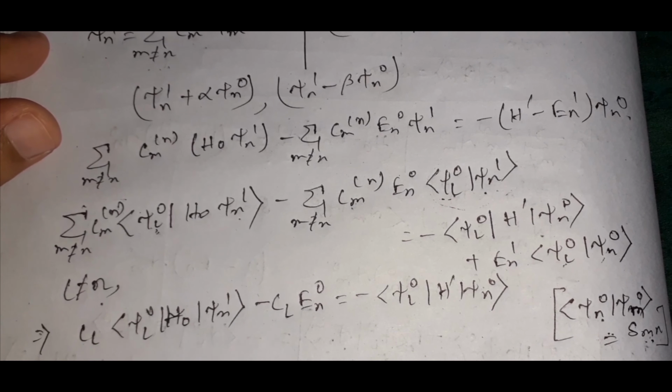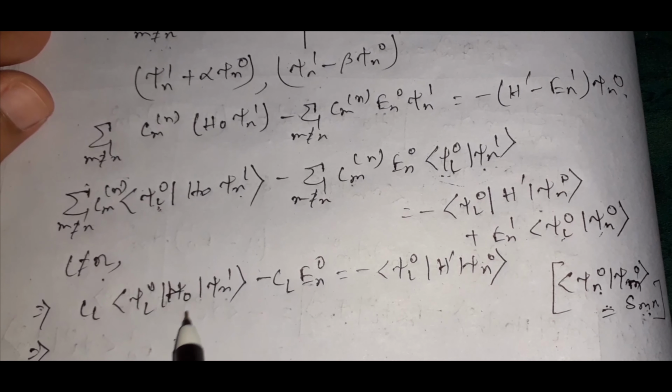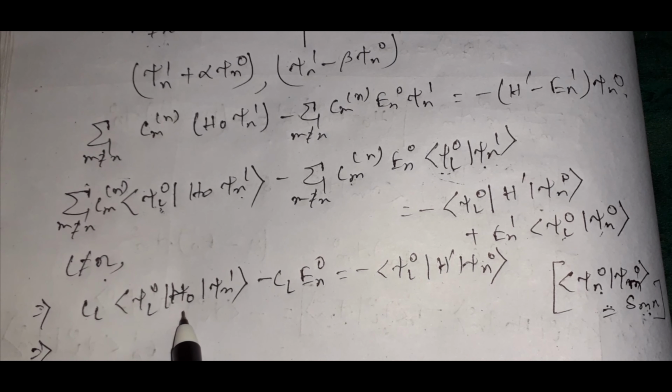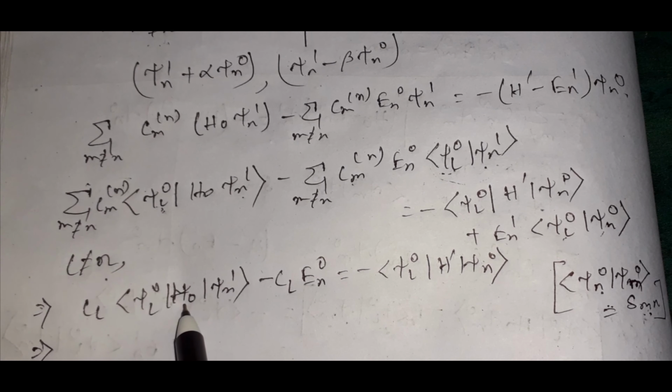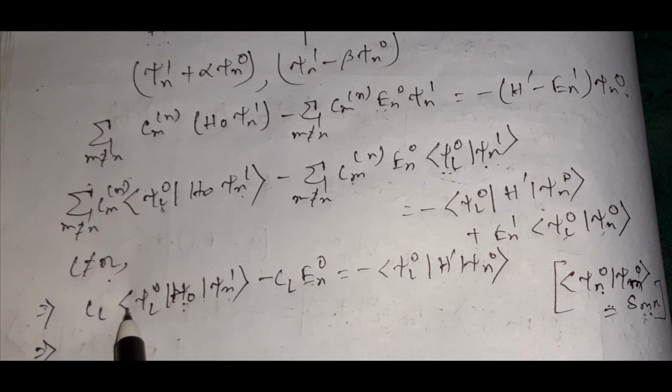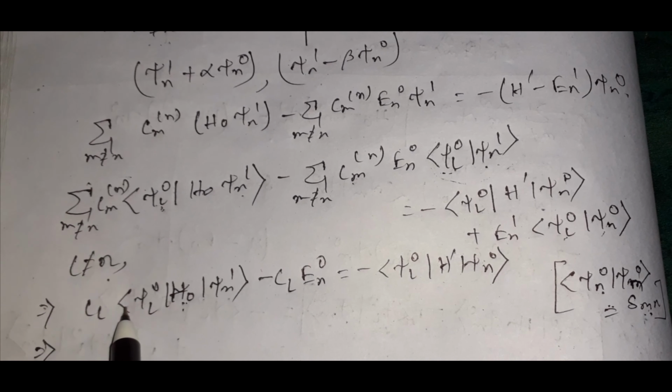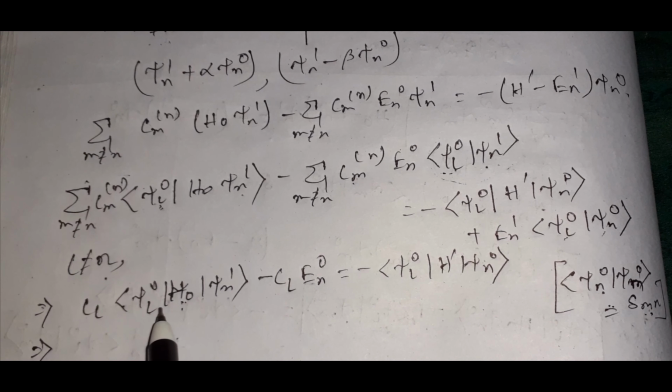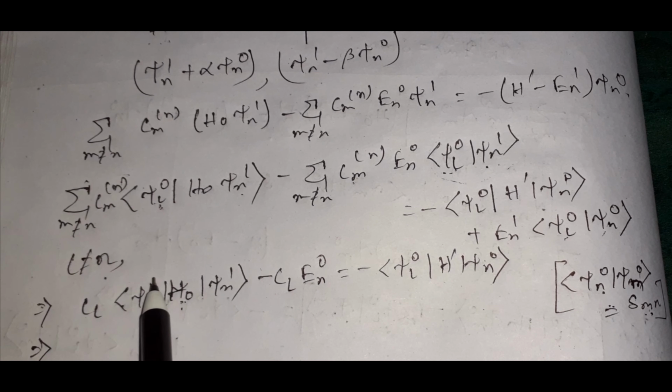Now as H0 is a Hermitian operator, I can operate this on the left hand side, and this gives us the energy eigenvalue corresponding to the ψL0 state.